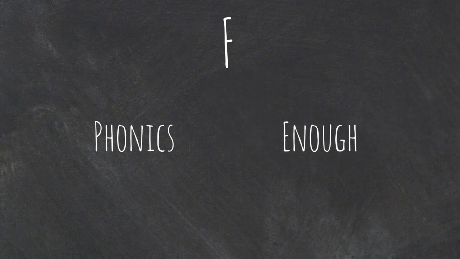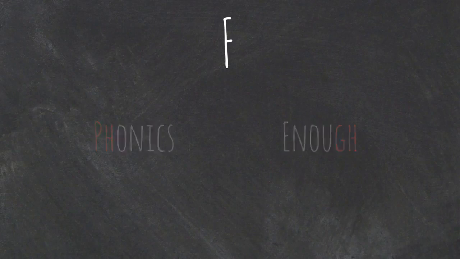If you say these words out loud, you'll notice that the PH as well as the GH make the sounds that we associate with the letter F. So in other words, they're borrowing F's sound. This is where the irregularity comes in. It's not necessarily that F in and of itself is an irregular letter, but it's the way that other digraphs utilize and borrow F's sound that can create some confusion. So let's explore this a little bit more in depth.